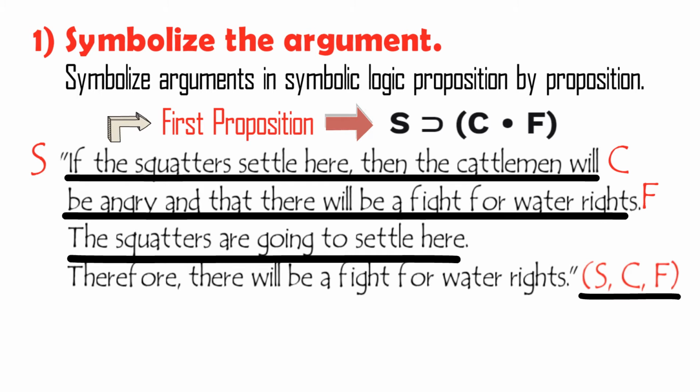As we notice, this proposition is just a repeat of the proposition in the previous statement, and this proposition is symbolized by the constant S. Hence, the second proposition, the squatters are going to settle here, is symbolized as S.